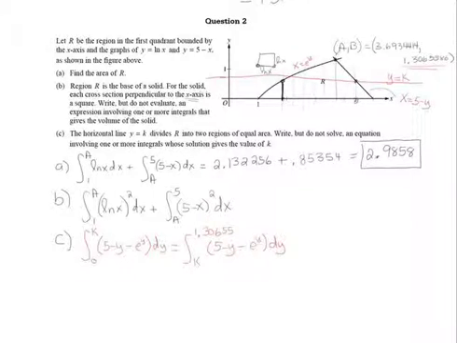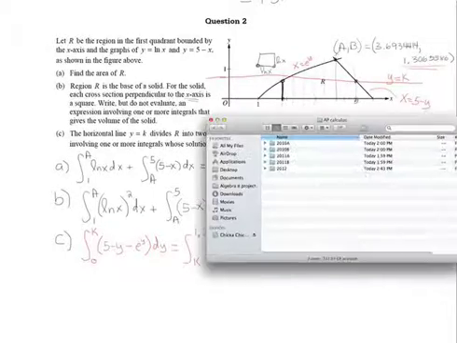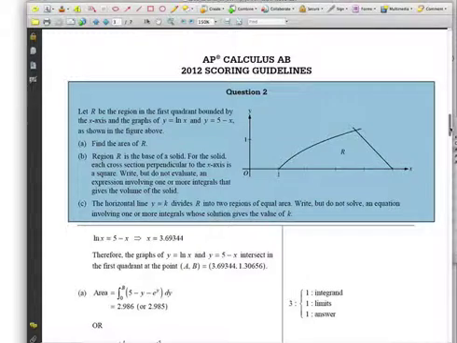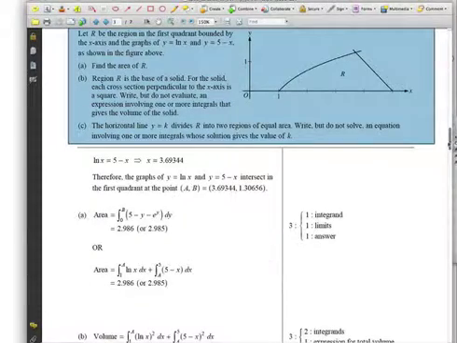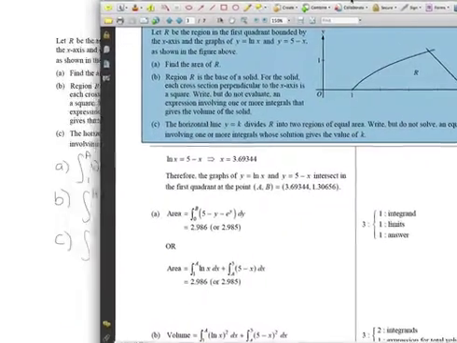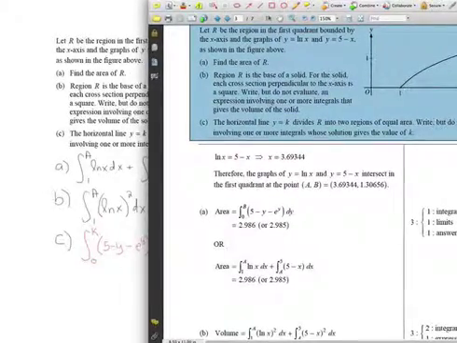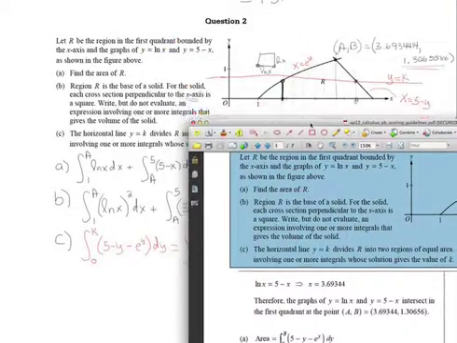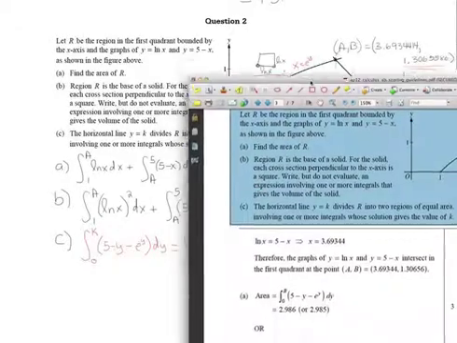So let's see if we can compare it to the answers here. And so here they are. Alright, let me get this out of the way. So they found the points A, B, 3.69 and 1.30. Let's see if that's what we got. Yep.